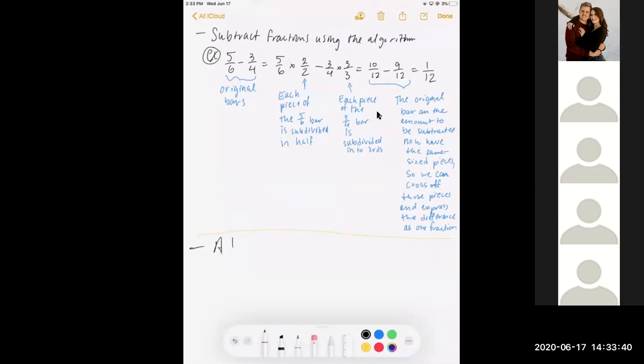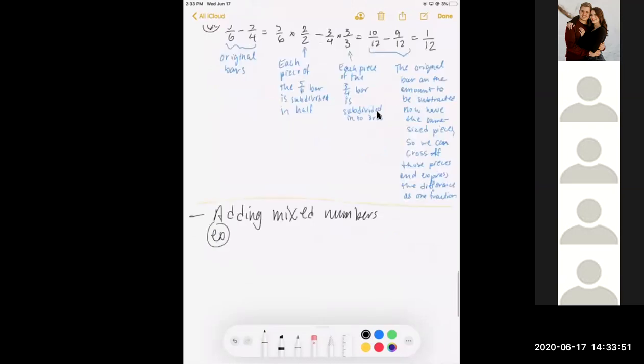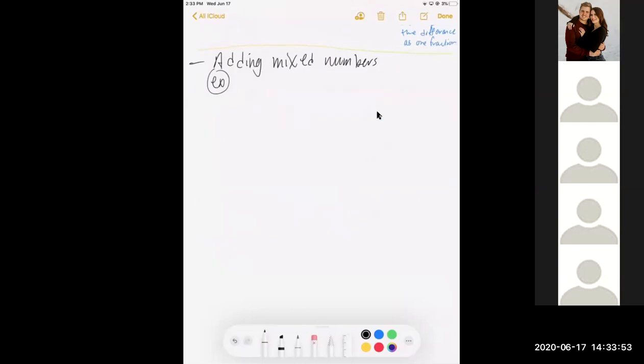So we're going to do adding mixed numbers. Okay, so our example to add, we're going to show it in a couple ways for each one, adding and subtracting. Let's do 4 and 5/6 plus 3 2/3. I want you to add those according to the algorithm and maybe another way.